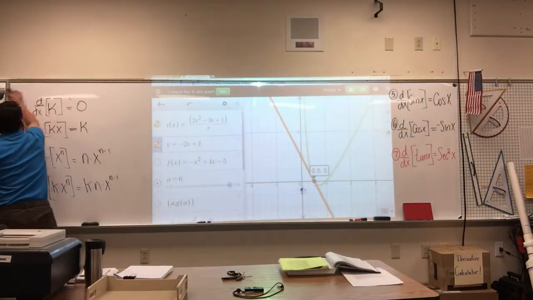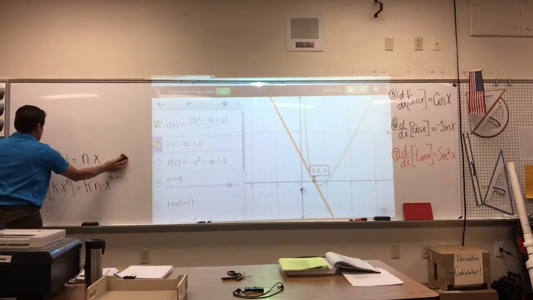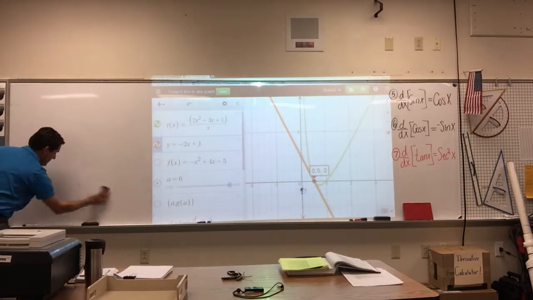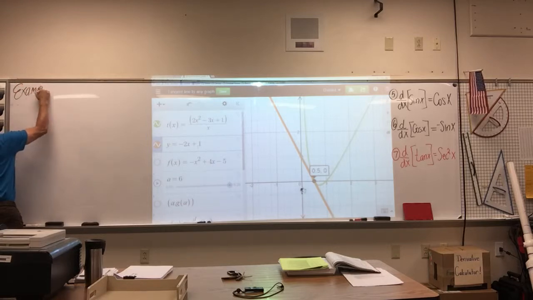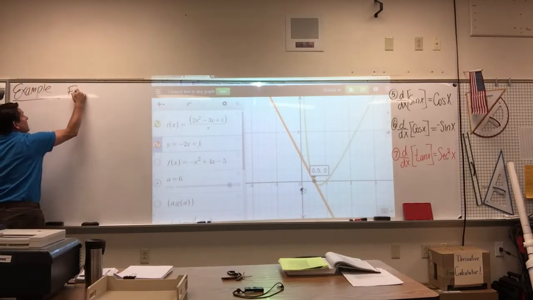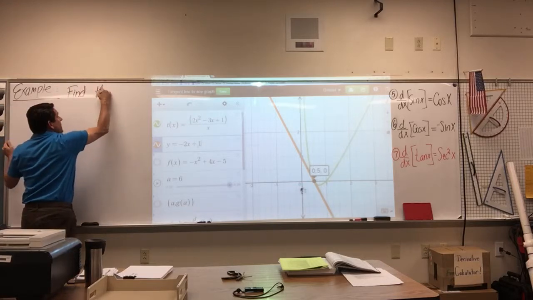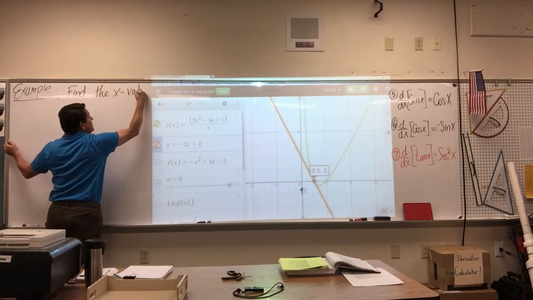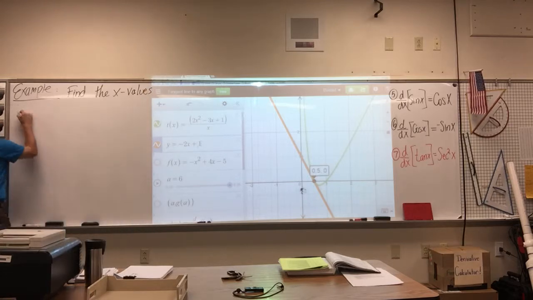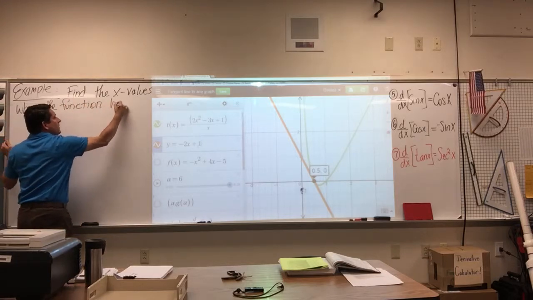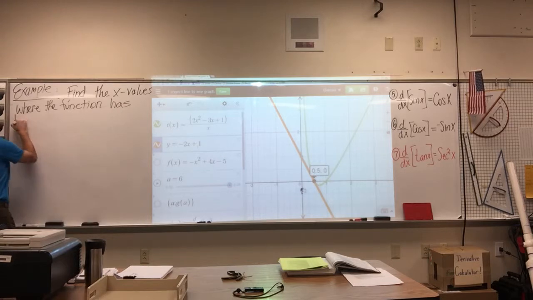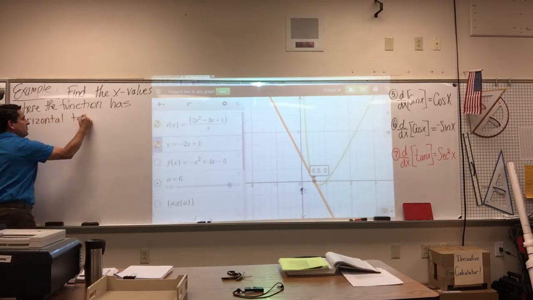Last directions. Find the x values where the function has horizontal tangent lines.